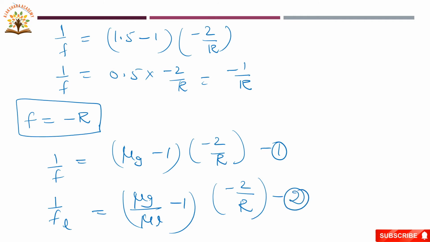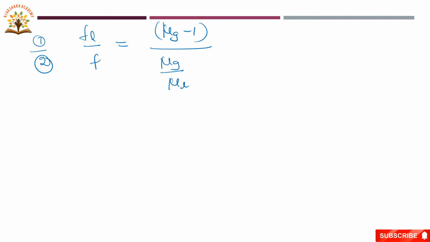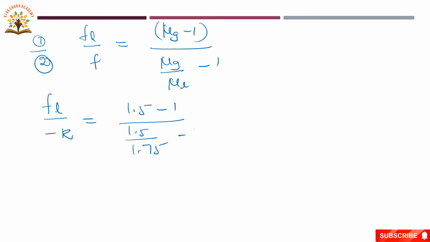Now we divide equation 1 by equation 2. We get FL by F is equal to mu G minus 1 by mu G by mu L minus 1. Now FL by minus R is equal to 1.5 minus 1 by 1.5 by 1.75 minus 1.